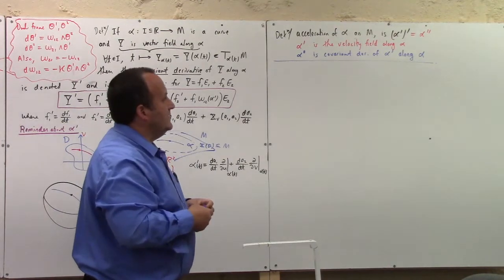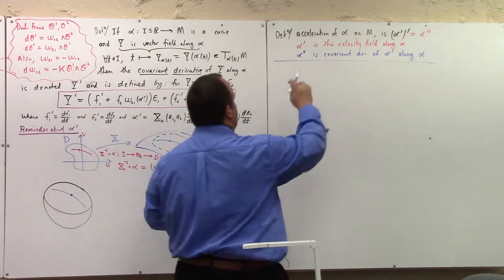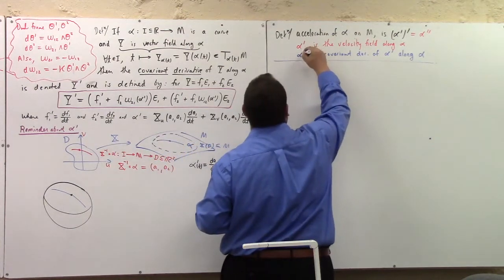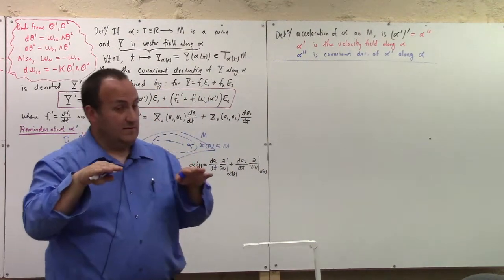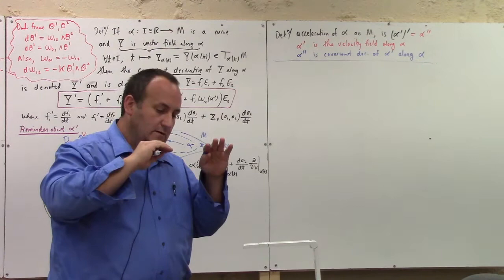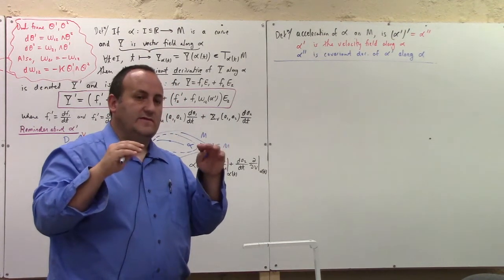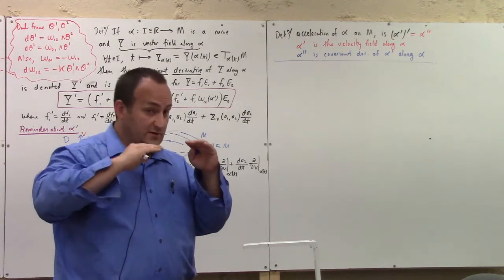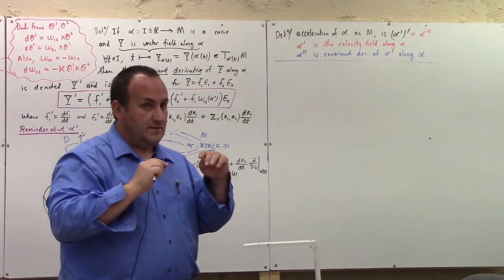Like the acceleration, this covariant derivative is, again, in the tangent space, right? If you take a curve on a surface in 3 dimensions, you calculate its velocity. Yes, the velocity to the curve will be tangent to the surface, but the acceleration need not be.